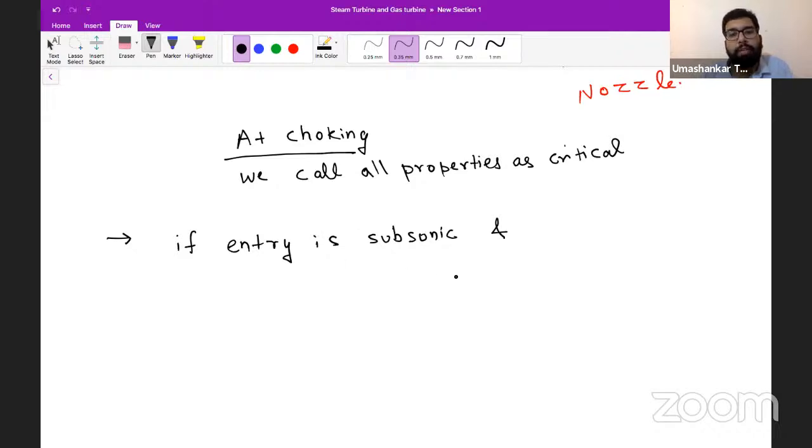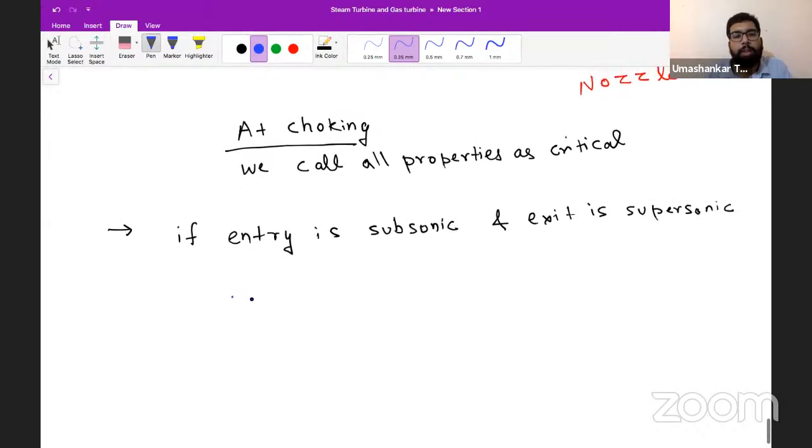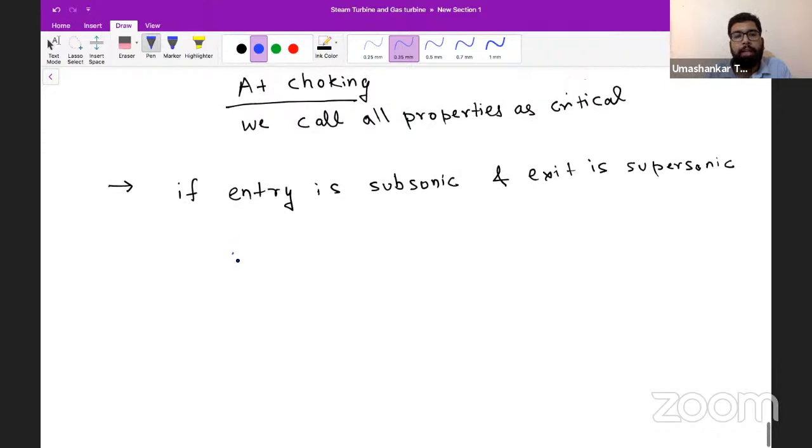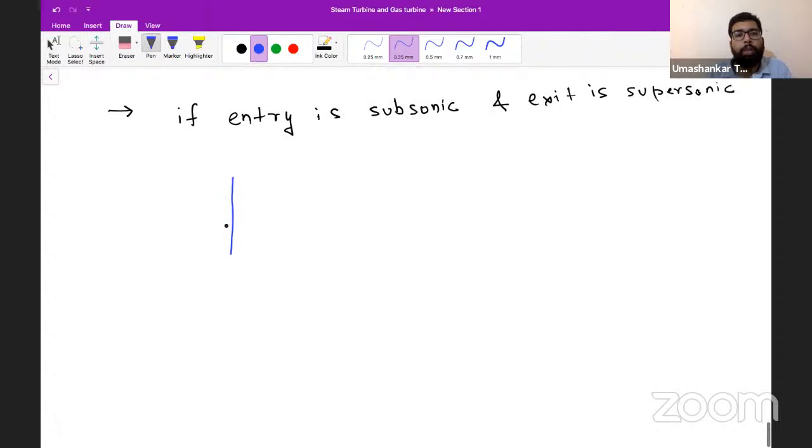Okay, so if entry is subsonic and exit is supersonic, how should we design our nozzle? Listen very carefully. When entry is subsonic, in order to increase the velocity, the cross section must decrease.